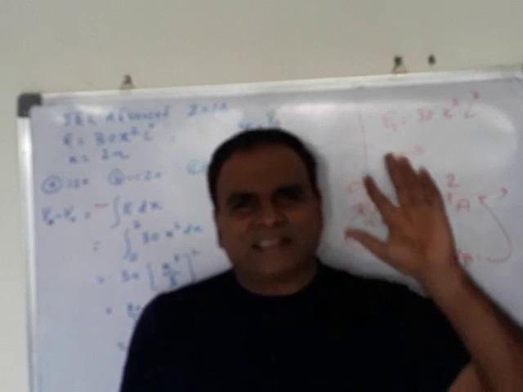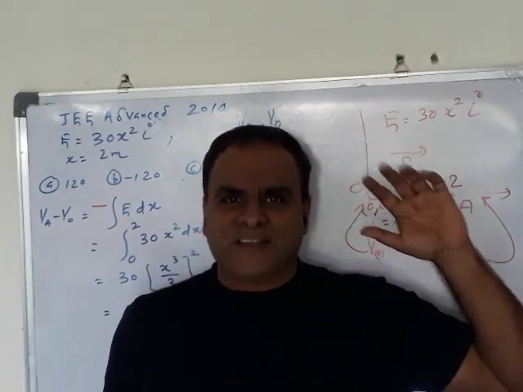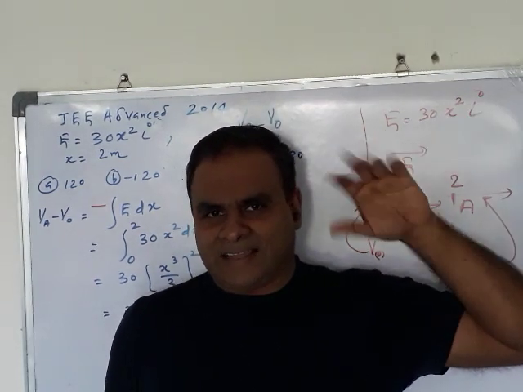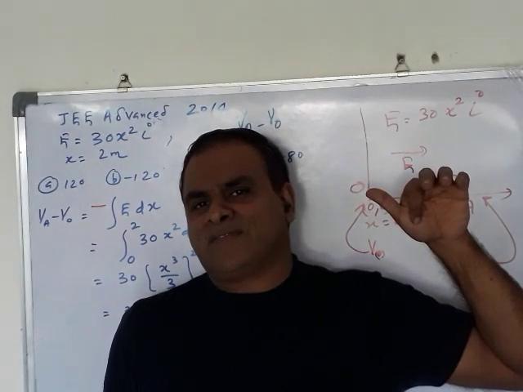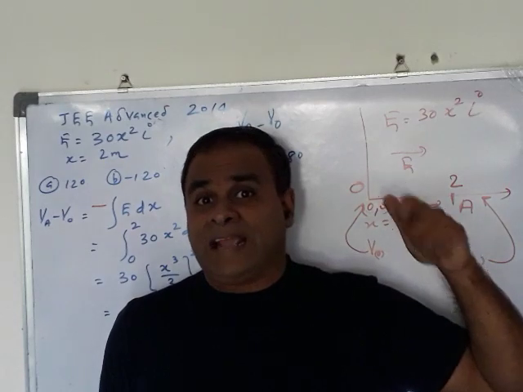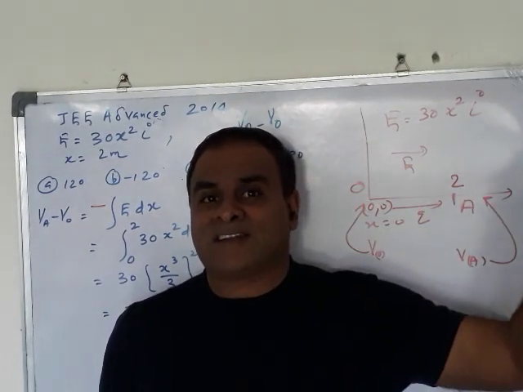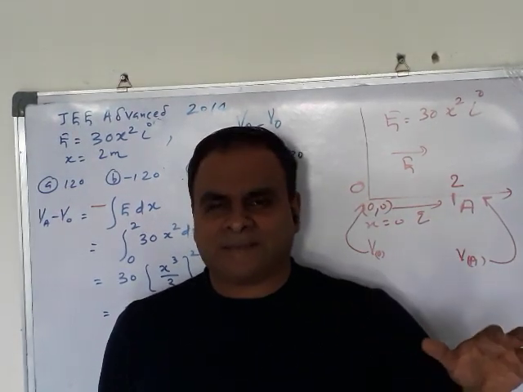Three points I have already discussed with you: the surface integral of electric field is electric flux; the negative line integral of electric field is electric potential; and third, the negative gradient of potential is the electric field. So these three points I already discussed.